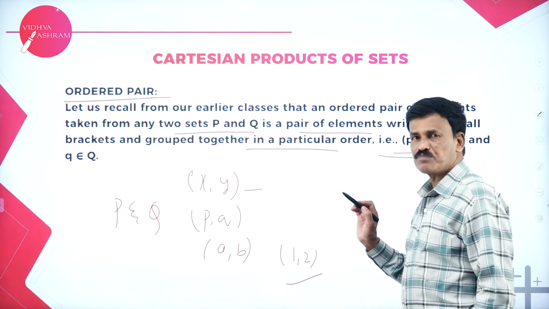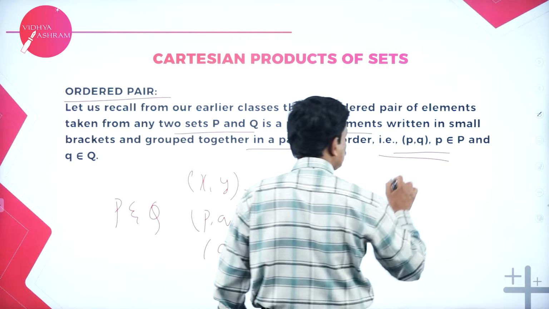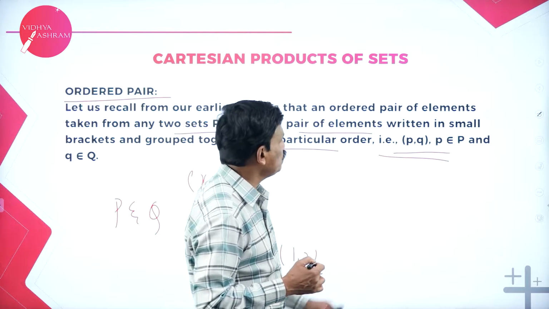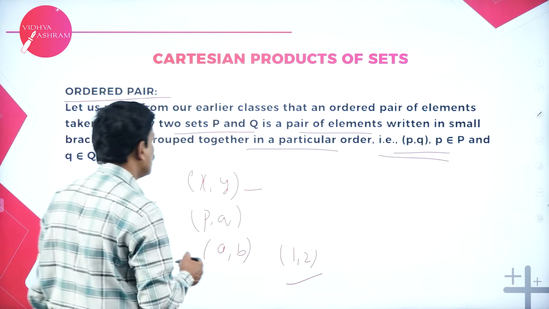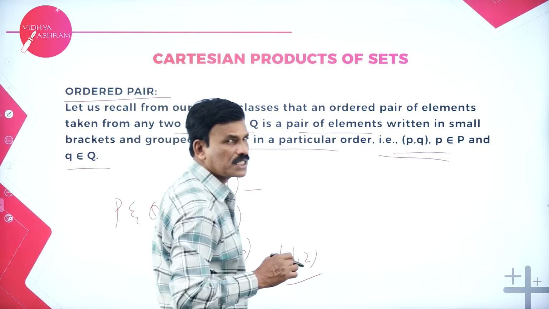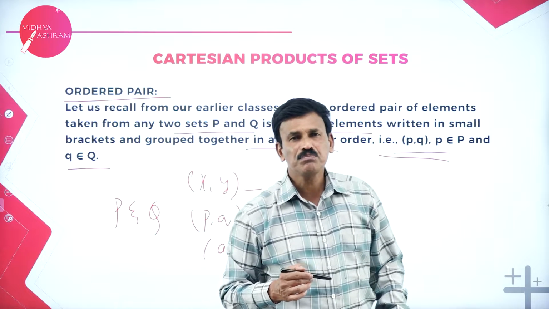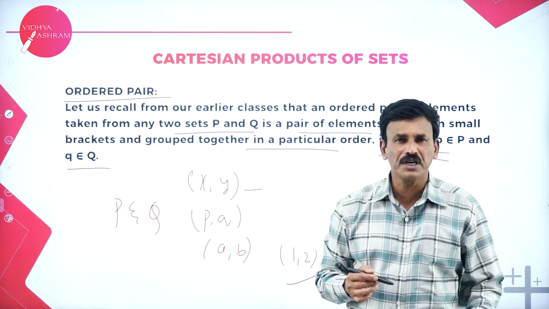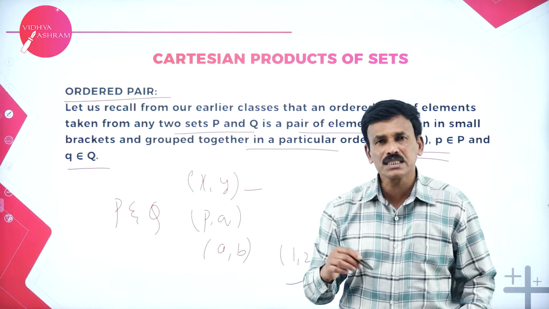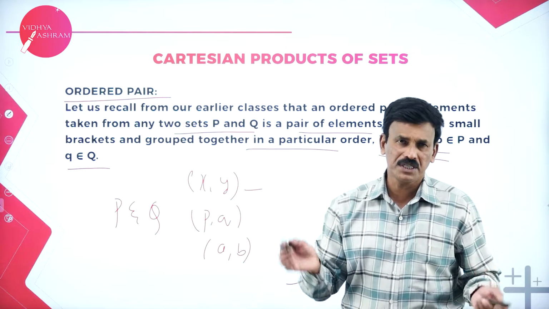That is, any pair of the form p comma q, where p belongs to capital P and q belongs to capital Q, the second set, is called an ordered pair. a comma b, x comma y, they are called ordered pairs.